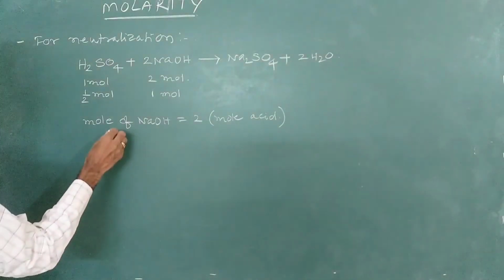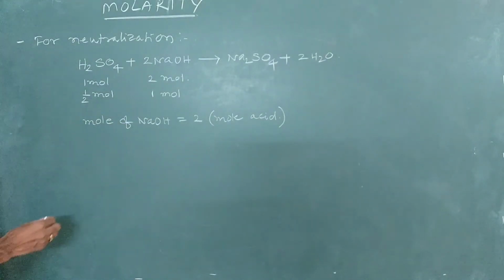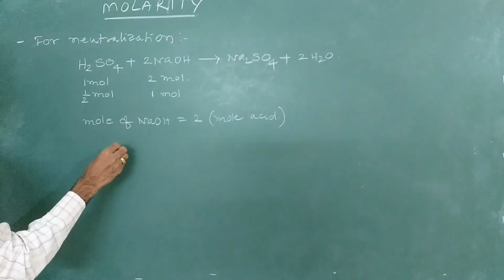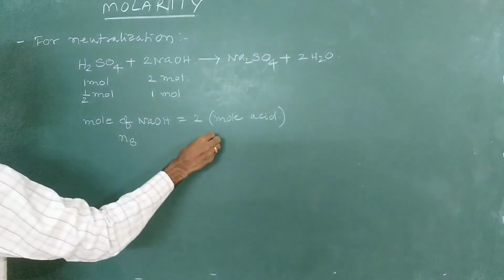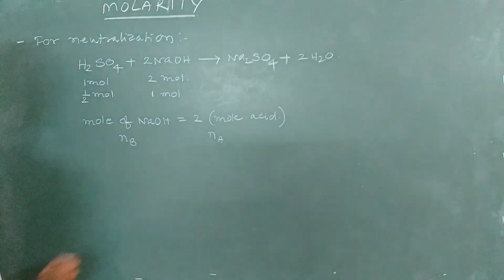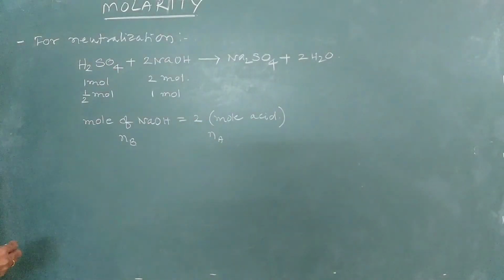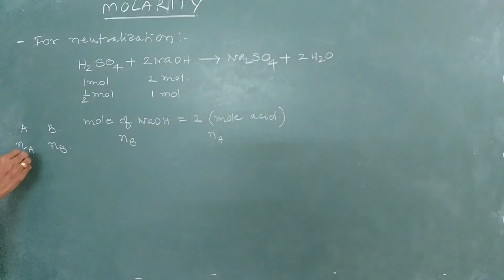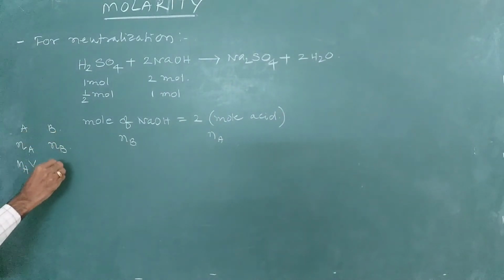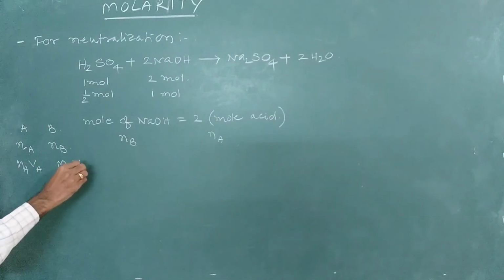Now for the number of moles of sodium hydroxide, what can we write? We can write Nb. Here the number of moles of acid is Na and the number of moles of base is Nb, where acid is A and base is B. Similarly, the molarity of the acid is Ma, the volume of acid is Va, the molarity of base is Mb, and the volume of base is Vb.